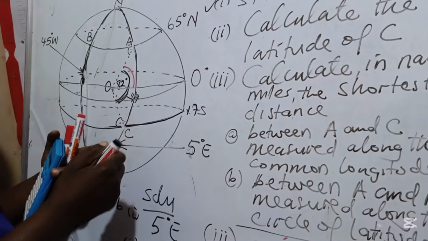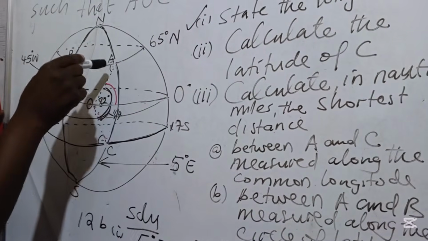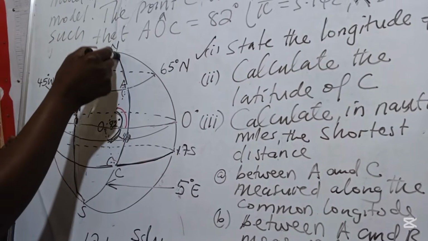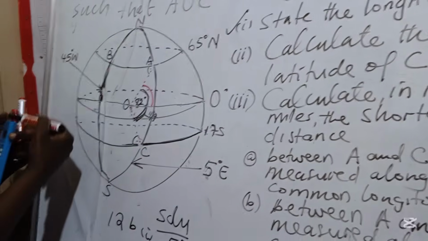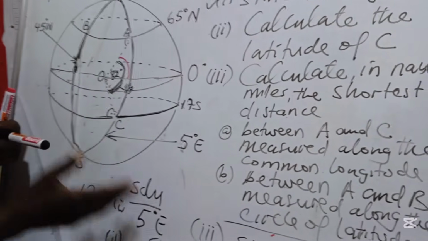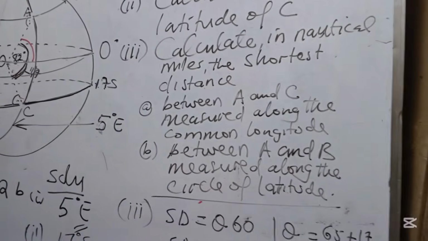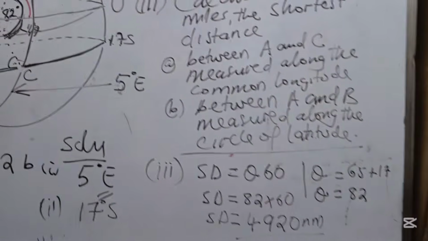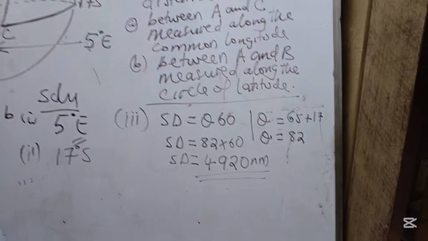For example, if I'm moving from A to B and I want to move fast, I should go via the North Pole along the major circles. Therefore, I'm going to arrive at B very fast. Now, this question is very interesting.